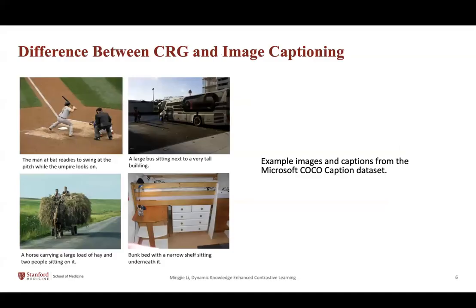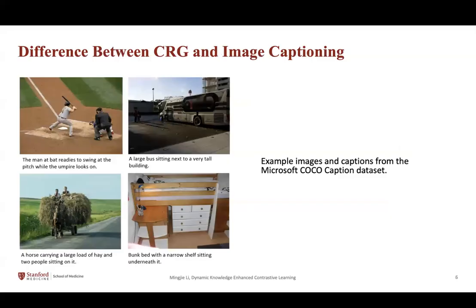So what is the difference between chest X-ray report generation and image captioning, which is one of the most similar tasks in general computer vision? It involves the automatic generation of text for images, where the task is to produce a coherent and contextually relevant sentence that accurately describes the visual content.